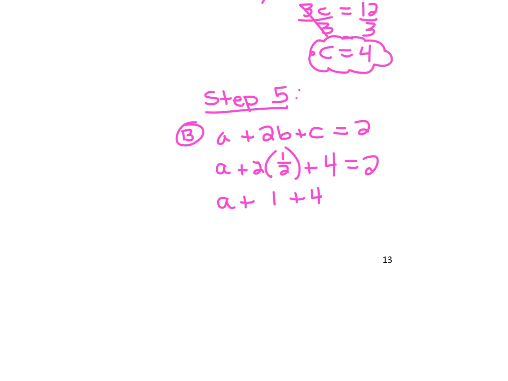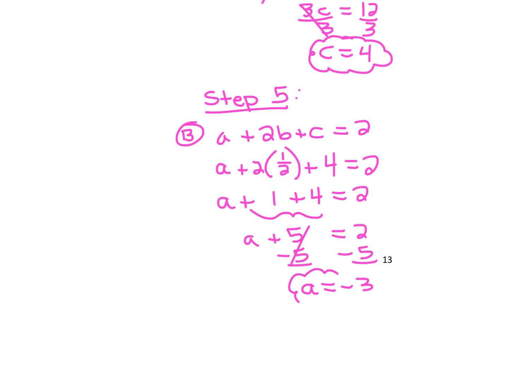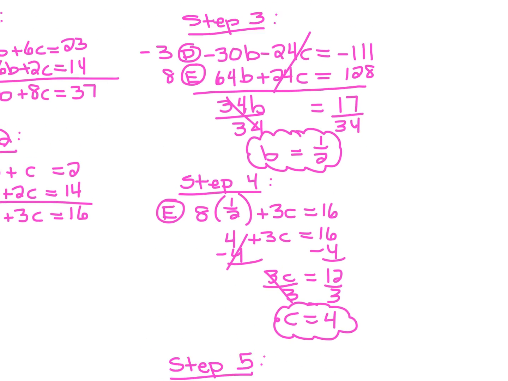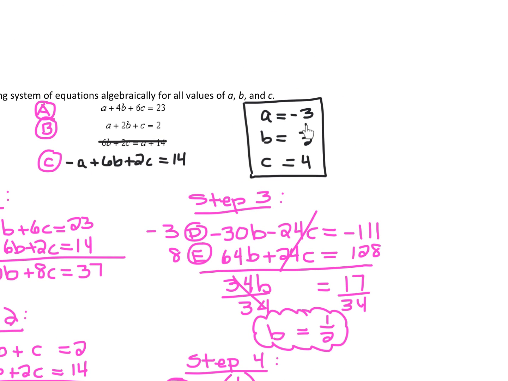And then I'll bring all this down. And if we combine our like terms right here, isn't 1 plus 4 just 5? So A plus 5 equals 2. And when we subtract 5 from both sides of the equation, we get A equals -3, which I believe that's what it said, but let's just double check. Yep, there it is. All right, so we wound up algebraically solving this system of equations.